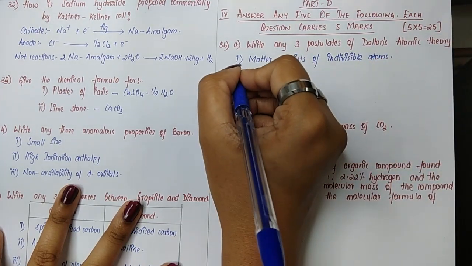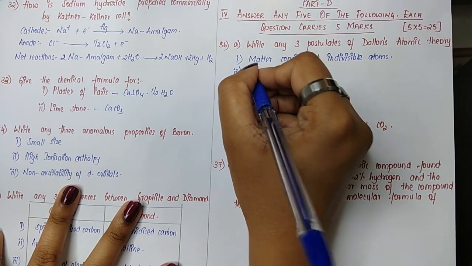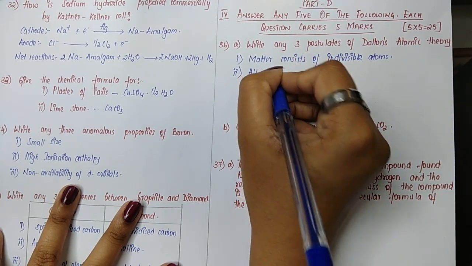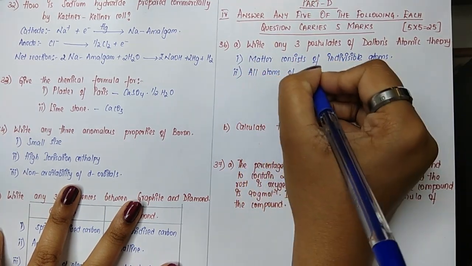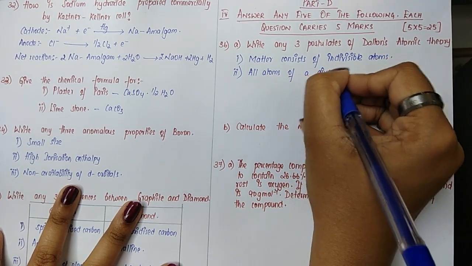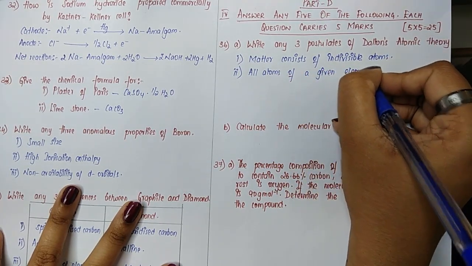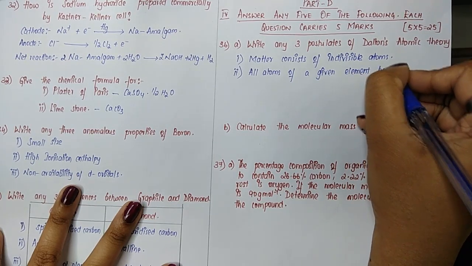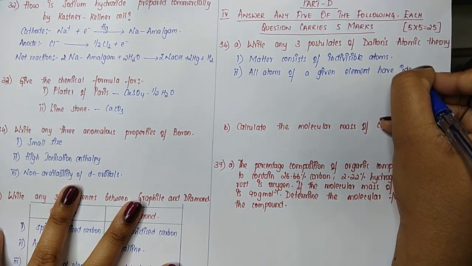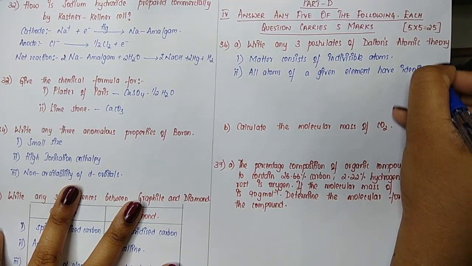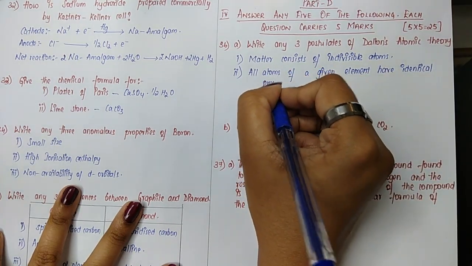That's the first point. Second point is all atoms of a given element have identical properties.